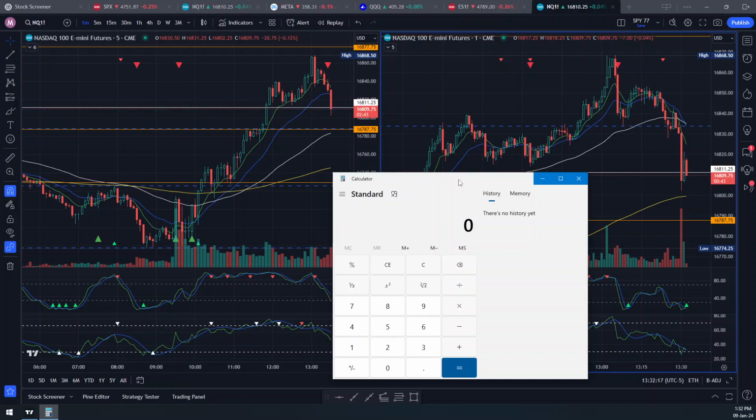Let's be honest about this, right? First trade I took with you guys, I made 10 points on 10 contracts. That's 100 points. Then the second one, I made 8 points on 5 contracts. That's 40 points, plus 100, that's 140 points.